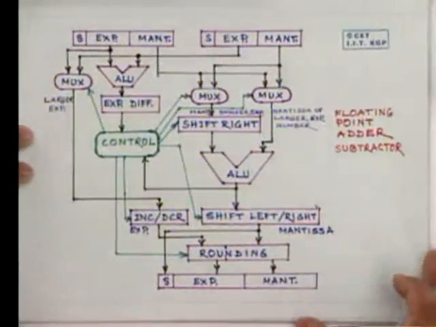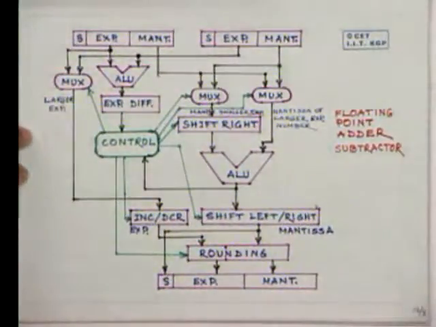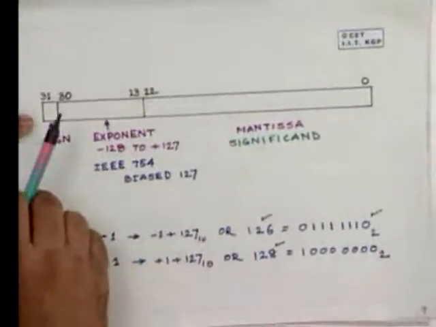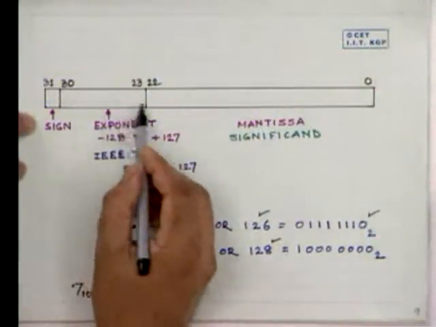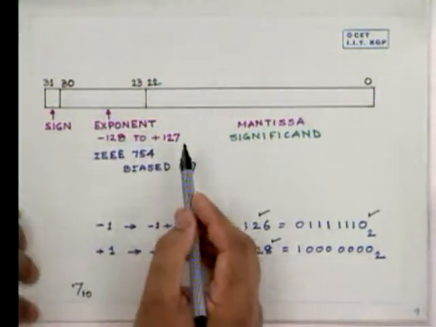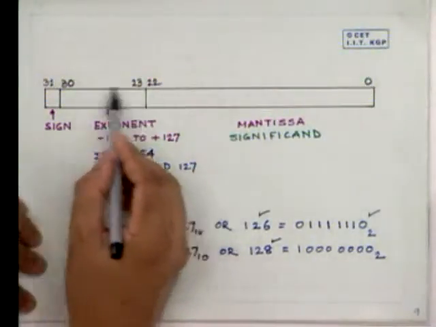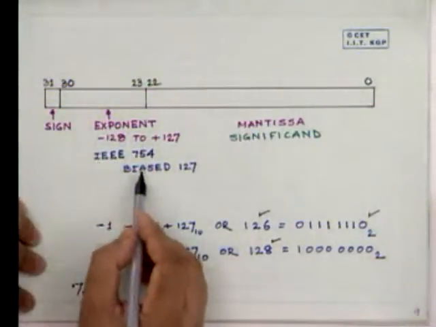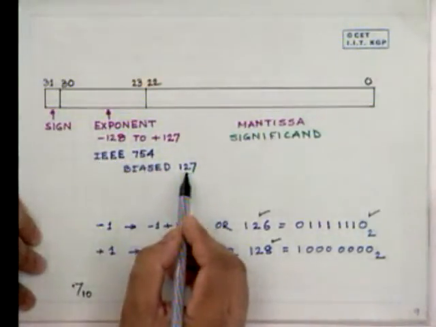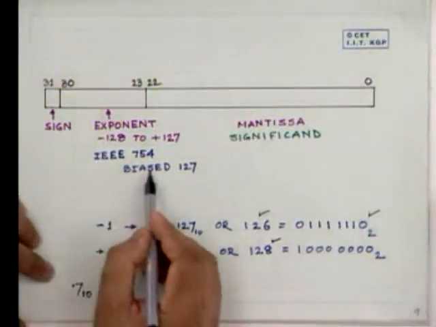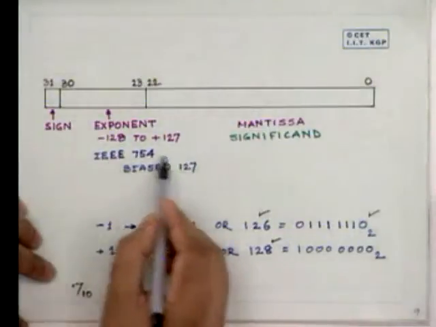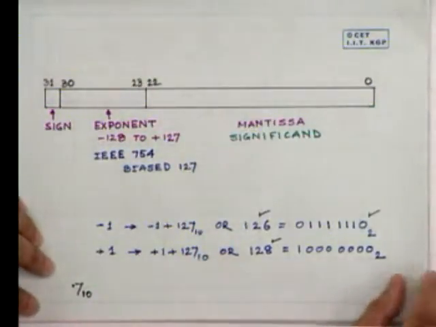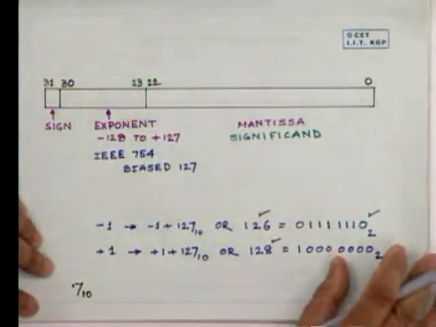Now here you see that we have represented the numbers in a sign magnitude form. Say this is our sign bit, this is the exponent. We can assume that it is either in 2's complement form, or more so, let us assume that it is in the biased 127 form, because the IEEE 754 standard is more or less honored by most of the computer manufacturers, and this is the mantissa form, right.